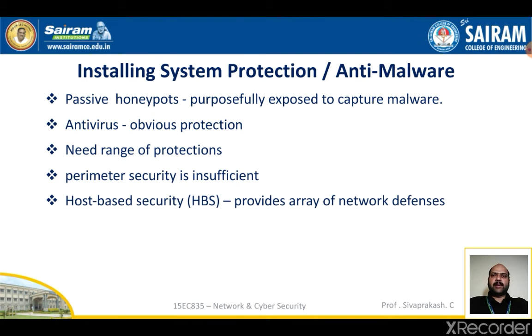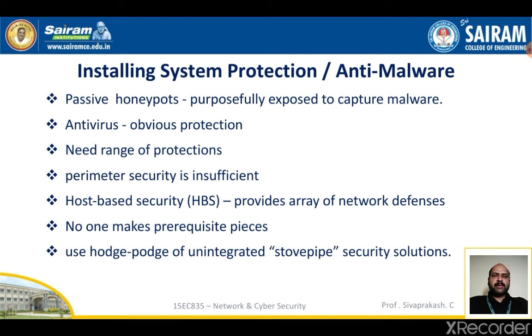The trend in protection is towards host-based security, called HBS, which provides a full array of network defense on each machine. The security industry has not settled on the full scope of HBS and implements its principles fairly poorly. No one company or open source project makes all the prerequisite pieces.